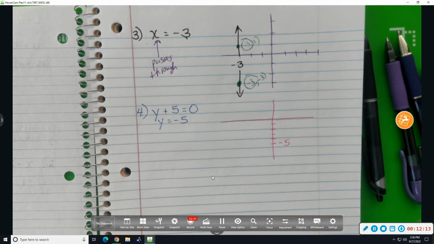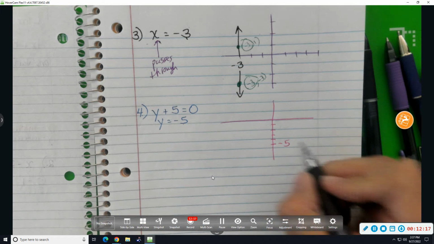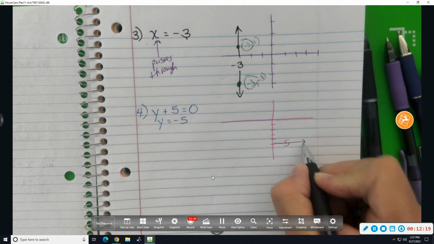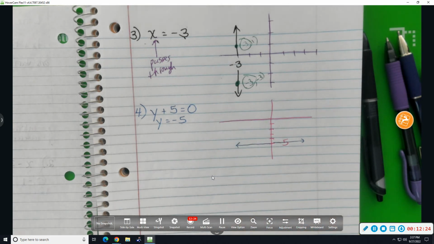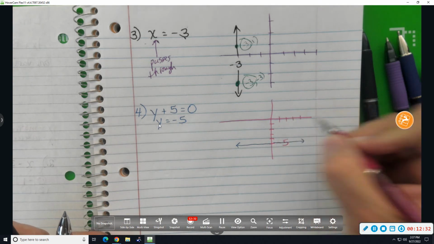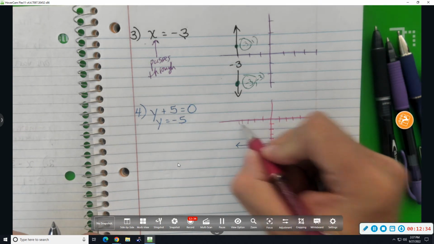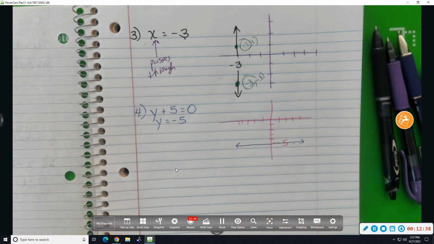And if you just look at the mark, is that mark vertical or horizontal? Yeah, horizontal. So if you were going to describe the line, it's a horizontal line passing through -5 on the y-axis. If we wrote out ordered pairs, every ordered pair would have a -5 as its y value. Okay?